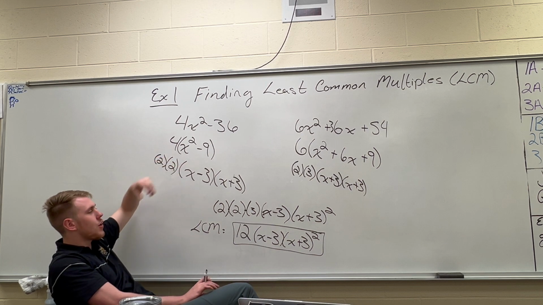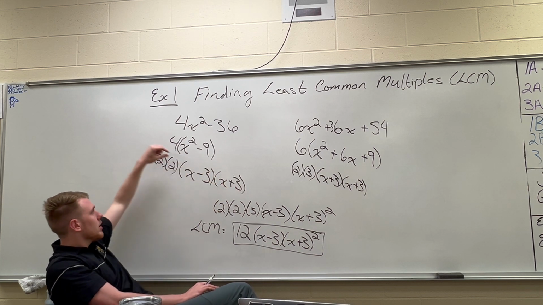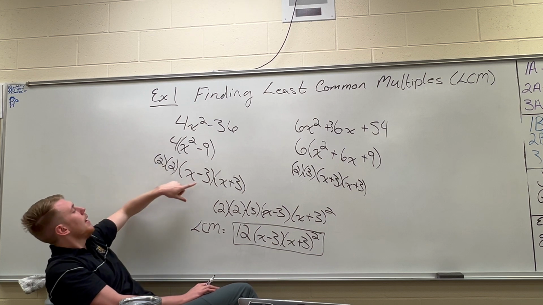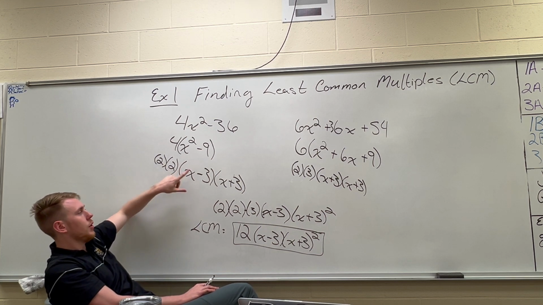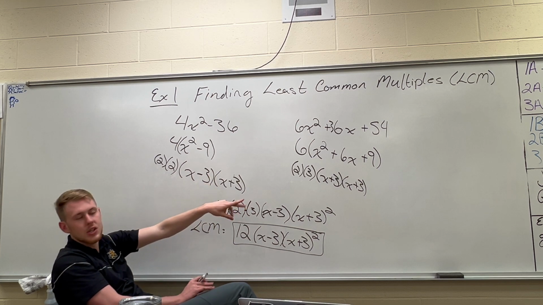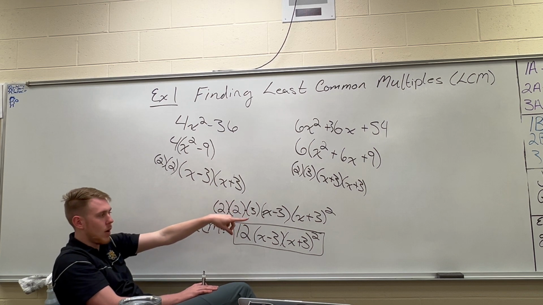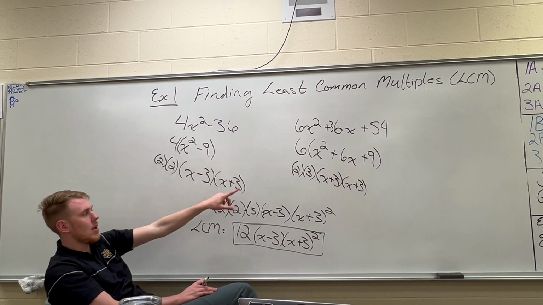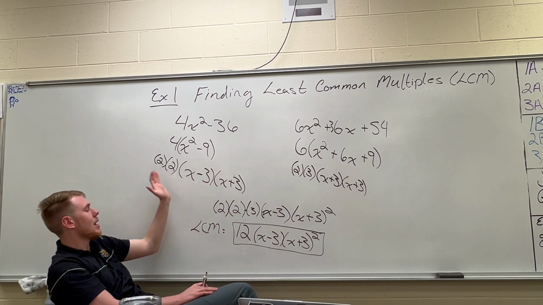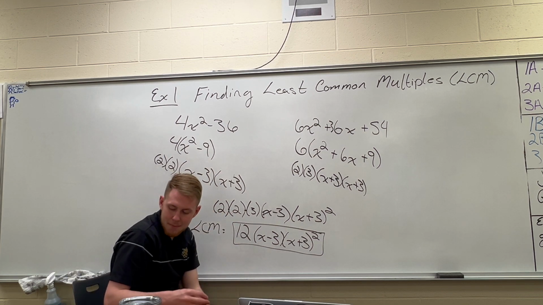I combine every term, the greatest number of times it appears. 2 appeared twice here and once here, so the greatest number of times it appeared, 2. X minus 3 appeared once, so I just used it once. X plus 3 appeared once here, but twice there. So what's the greatest number of times it appeared? Twice. So I put x plus 3 squared, because that happens 2 times. And then the same thing with 3, it only appeared once here, none here, so once. Okay? Hopefully that makes sense.